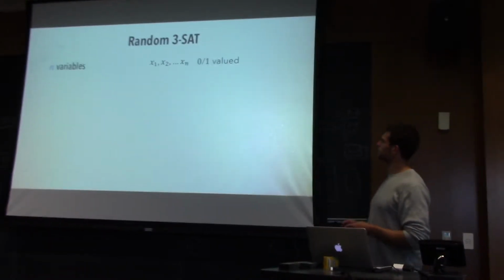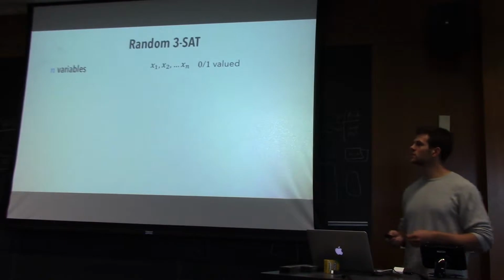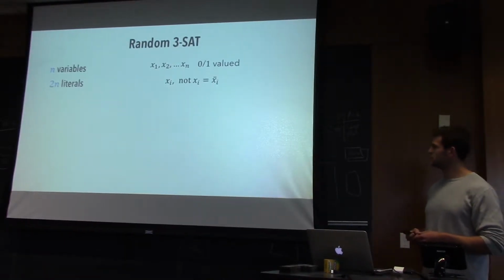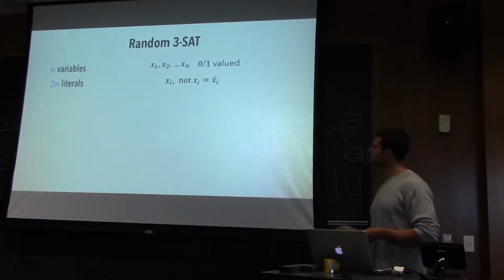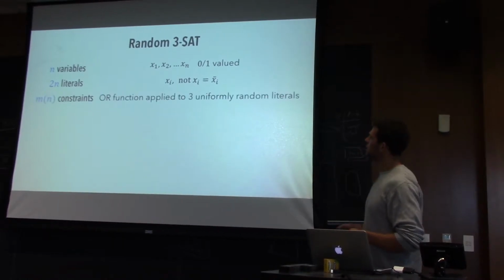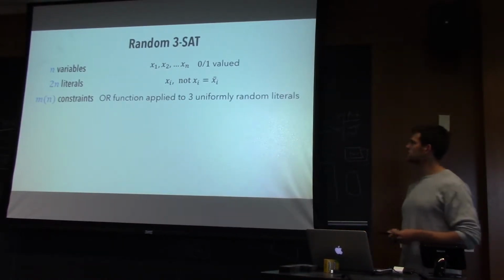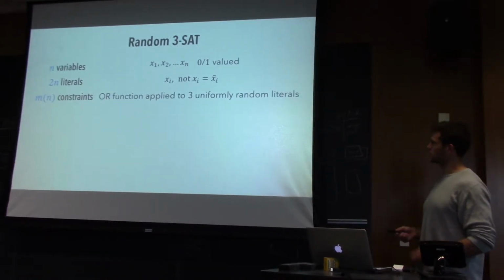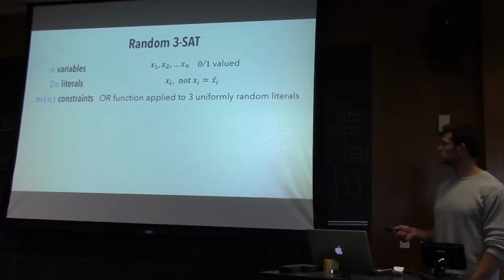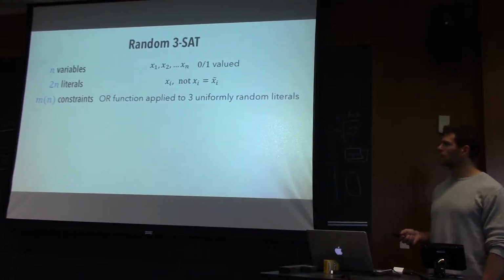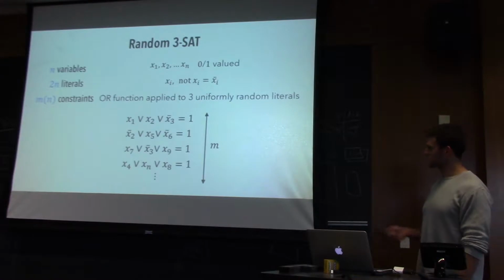So random 3-SAT is what we're talking about. We have n variables, and we have 2n literals, each of which is either a variable or its negation. And we have m constraints, each of which is this 3-variable OR function applied to 3 uniformly random literals. And maybe it looks something like this.